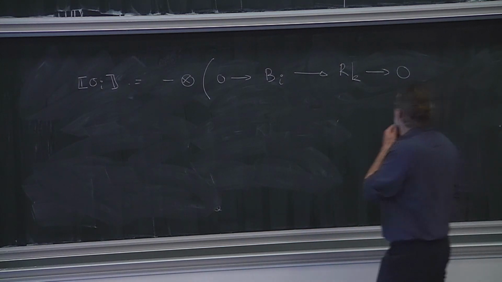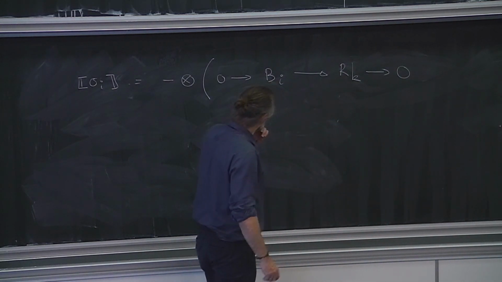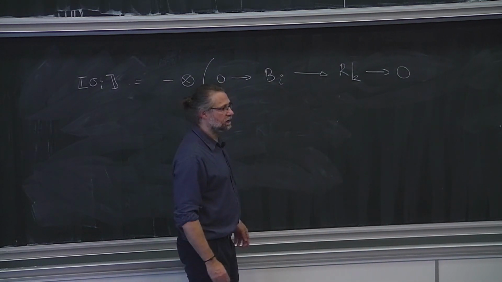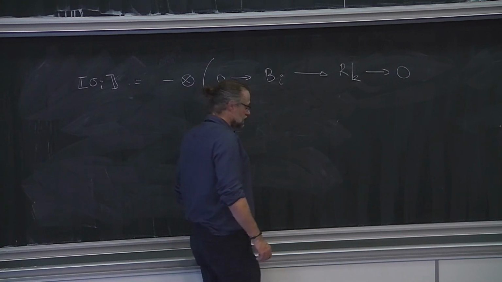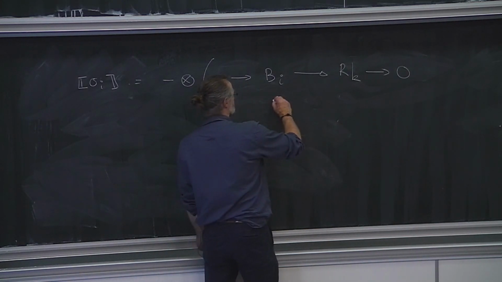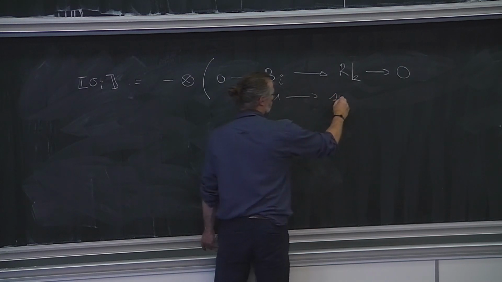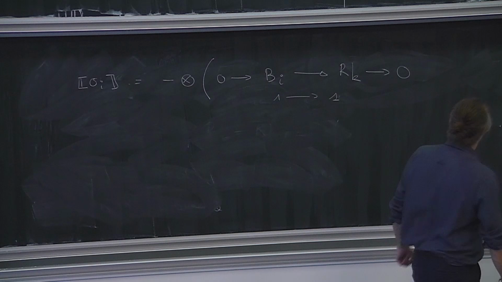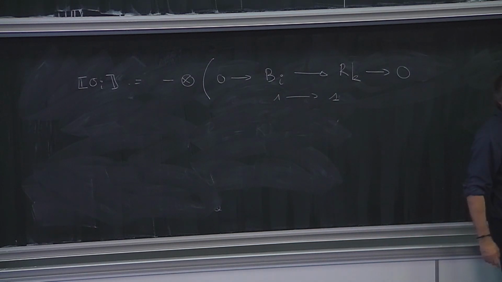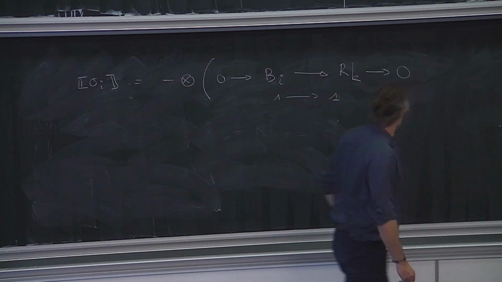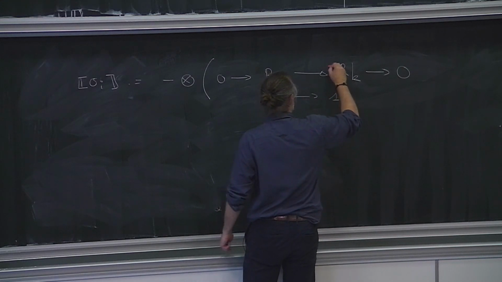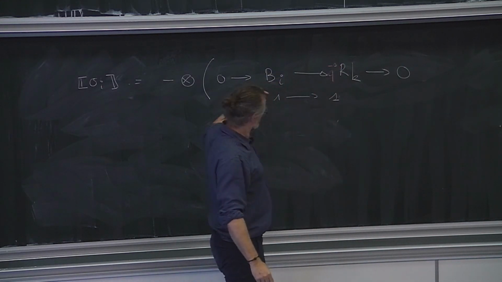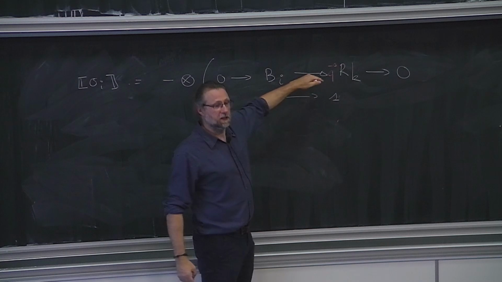And what is this map? This map is doing nothing. It's sending 1 to 1. Now you just have to be careful, since I put this shift here, this is just Q minus 1, in order for this map to be Q degree preserving.